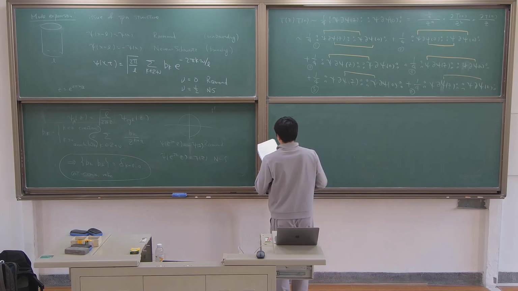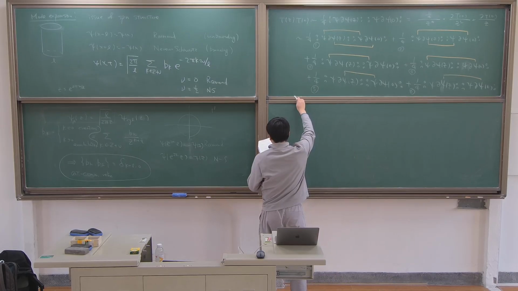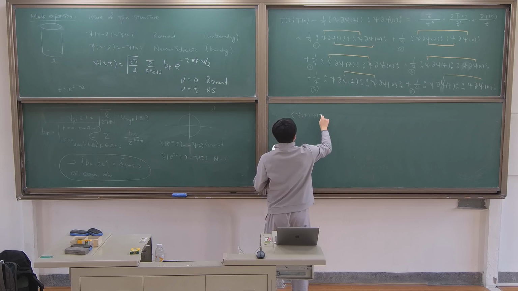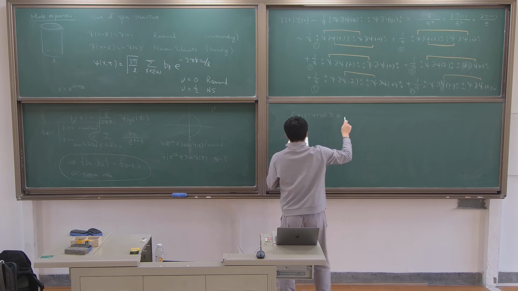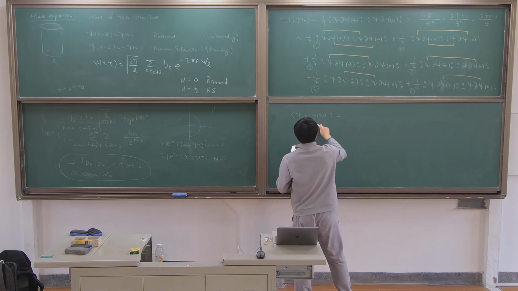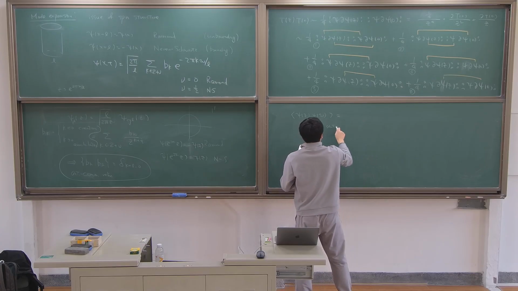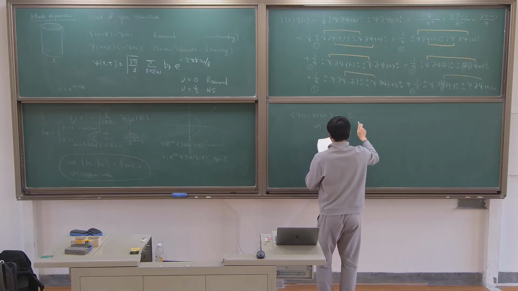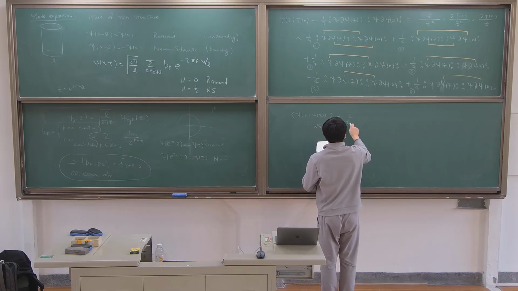And then we can check the correlation function by using mode expansion, in the short sector, where the sum of k and q are half integer.